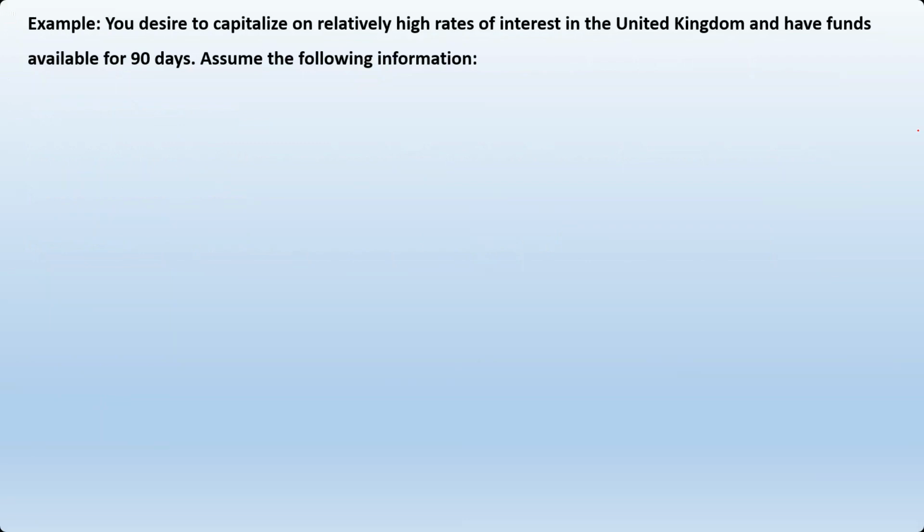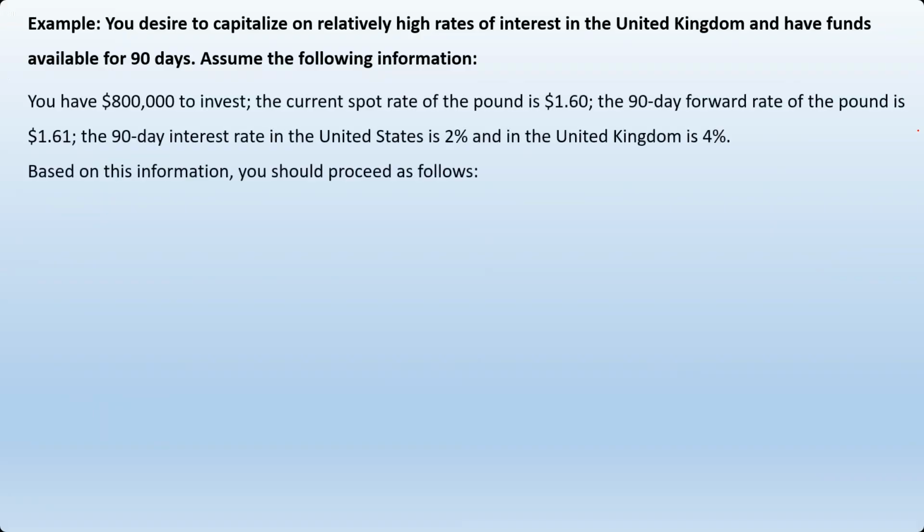This is, I think, less common for individual investors, but more common for multinational corporations. Probably multinational corporations need to pay their suppliers 90 days from now, but they do not want to let their money sit idle. So that's why they want to capitalize on higher interest rate.